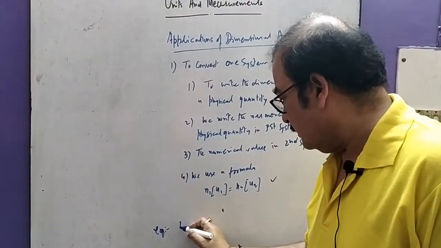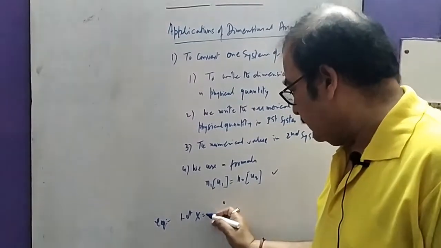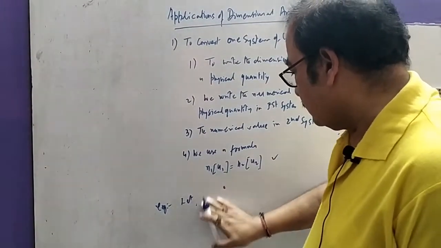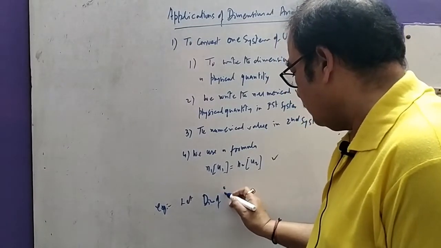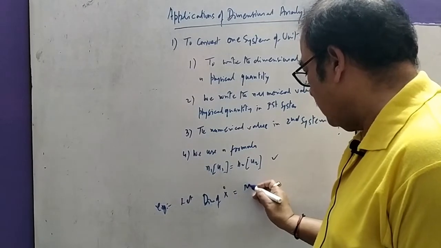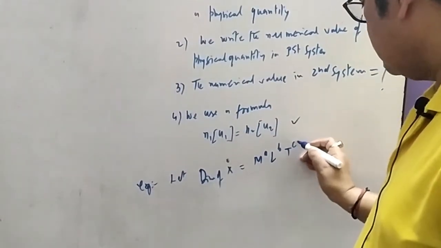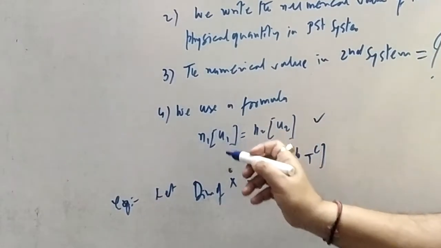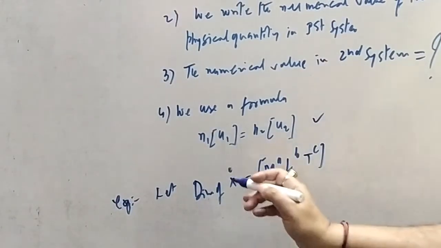Let x be a quantity, and the dimension of x equal to m to the power a, l to the power b, and t to the power c. Then according to this formula, this is the general dimensional formula of x.